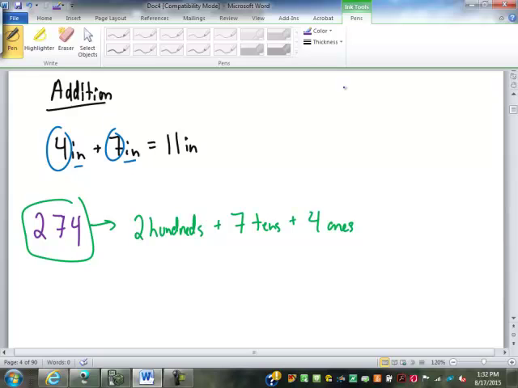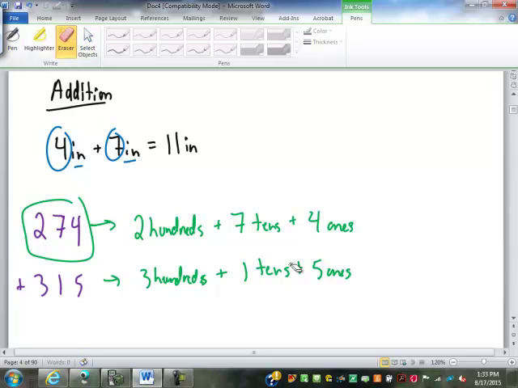So then, let's say we're going to add that to something like 315. Well, 315 is going to be 3 hundreds and 1 ten, pretend you can actually read my writing, and 5 ones. Get rid of the S on the 10. There's only one of them.